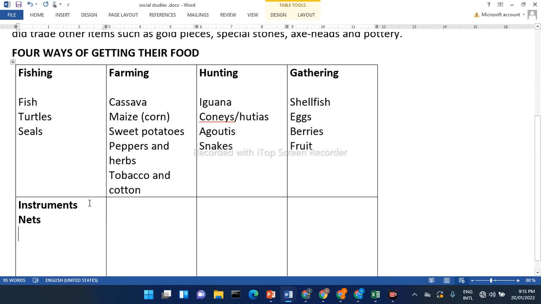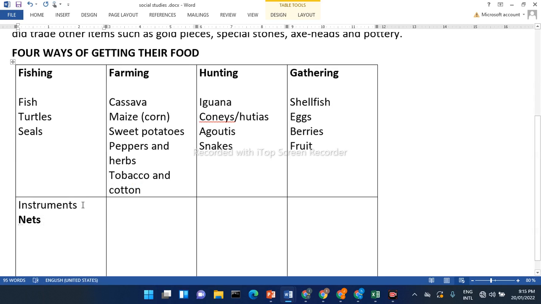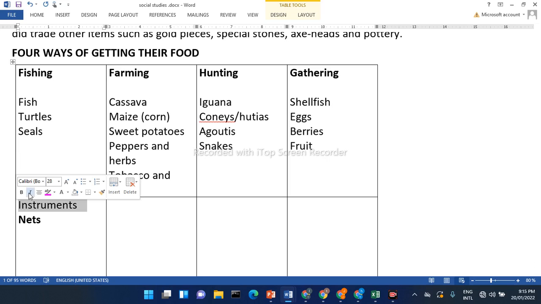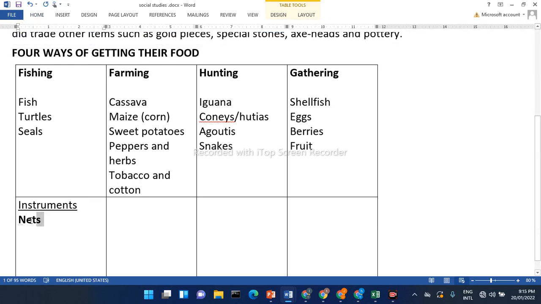So obviously their technologies are going to be more primitive and more simple than what we have today, right? But it still got the job done, at least in terms of them, and so they used it. And so they use nets, they use hook and line, and they use remora.